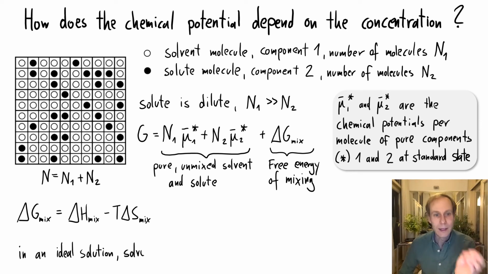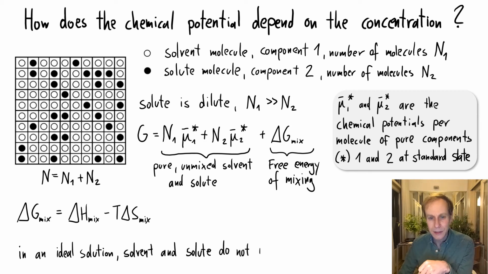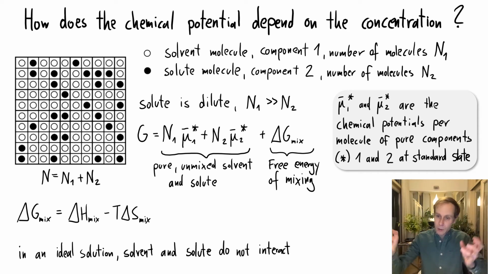So here we are considering an ideal solution. That means solvent and solute molecules do not interact energetically, right? When they now hop around on this grid and they come closer, there's no repulsion or attraction between them.